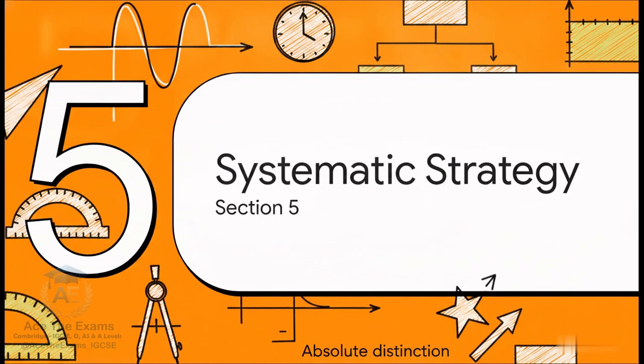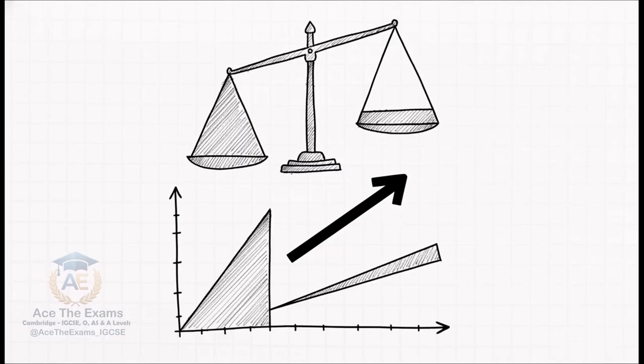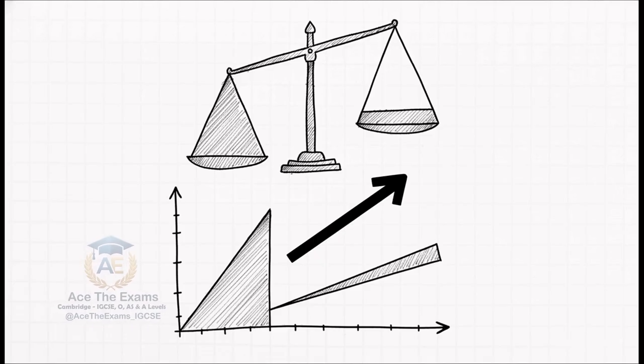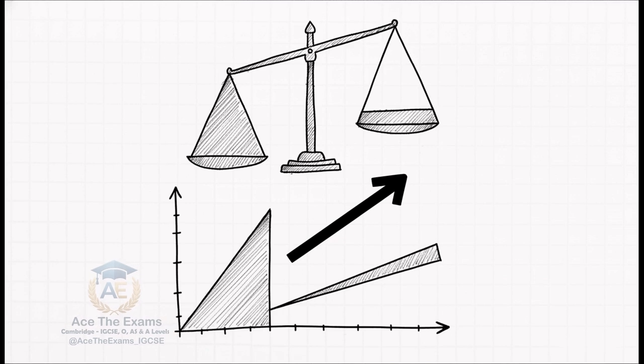Section 5. Bringing it all together into the systematic success strategy. Now, sometimes these higher-level graphical solutions questions will require you to compare 2 completely different mathematical models or data sets on the same grid. The crucial point here is knowing exactly how to handle comparative analysis. Do not, under any circumstances, fall into the trap of only listing how the graphs are similar.